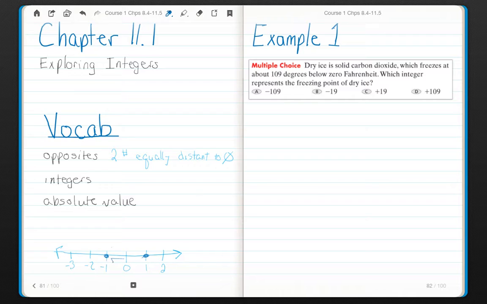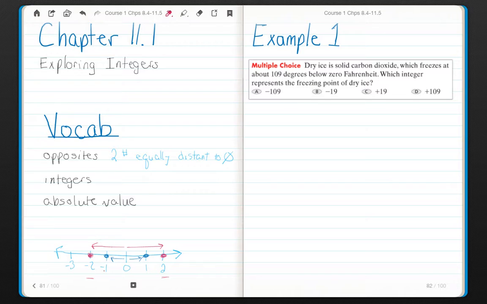They are both 1 unit away from 0. -2 and 2 are opposites because they are both 2 units away from 0. So the positive number and its negative number are considered opposites.